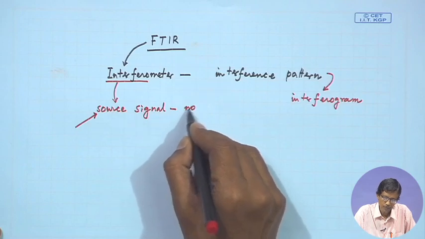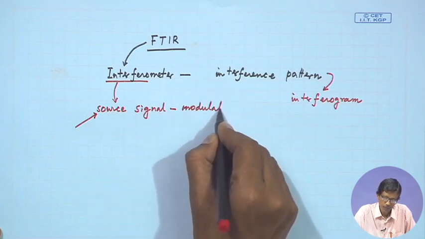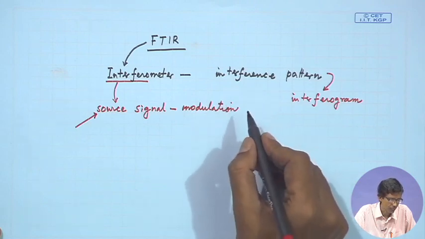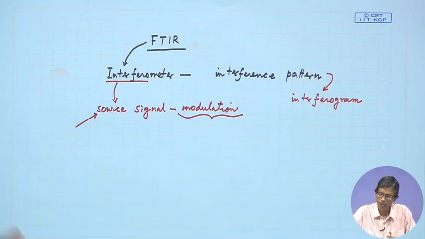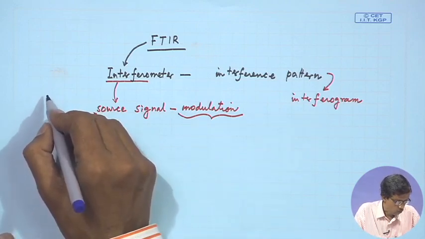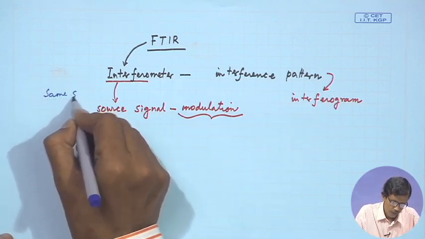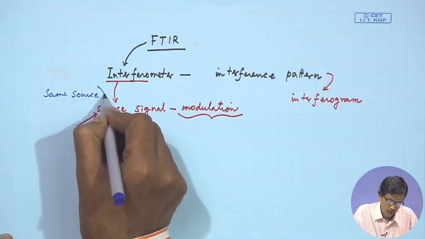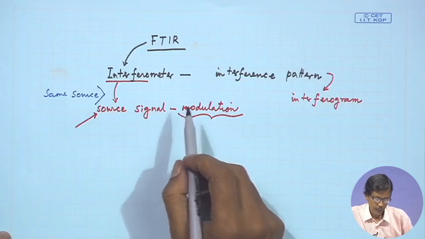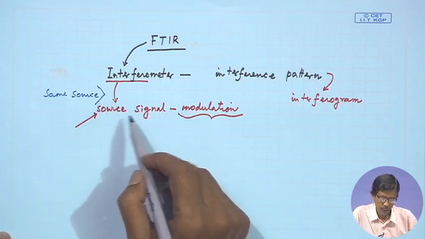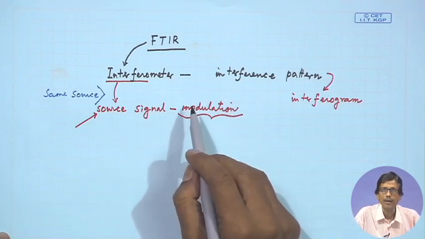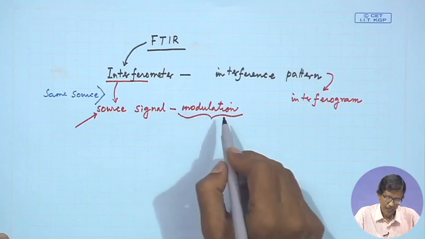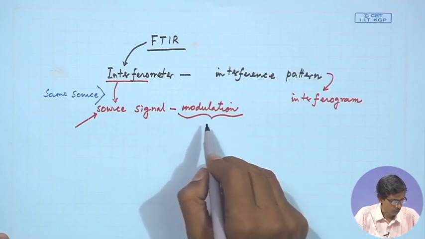The modulation of that source signal is important, and we can measure this modulation. The same source can be used for other types of spectrometer, that is, the dispersive spectrometer. For FTIR also the same source can be used, but we also have the laser housing, which can give you this type of modulation.